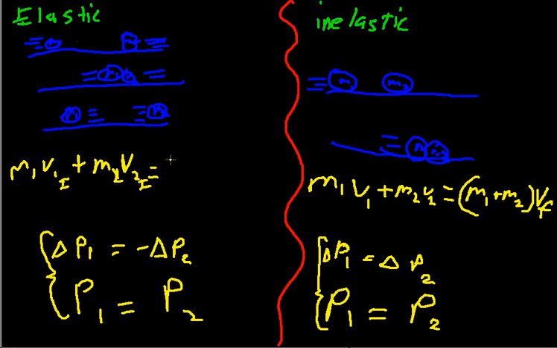The reason I did that is because after the collision we're still going to have the same masses, but now these velocities might be a little bit different. They're going to be v sub 1 or 2, and then sub f, because mass 1 might come into the collision with 10 meters per second of velocity, but then only leave with 5 meters per second. Notice that this still is in accordance with our principle, and that's why this is very important.